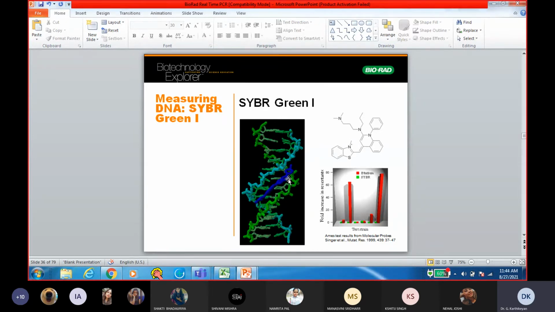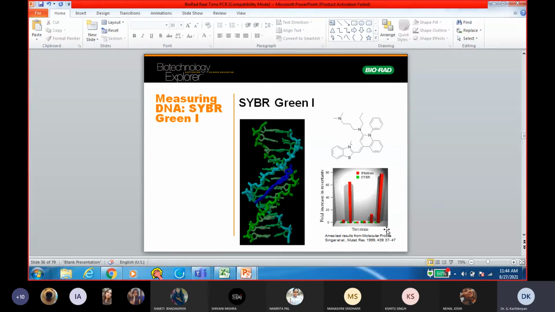Okay, and you can actually see that it also fluoresces. Okay, when it is bound to double stranded DNA, it also fluoresces. And more importantly, if you look at SYBR Green, it is not at all mutagenic. Okay, this is a dye that is extremely safe to use, safe to handle.